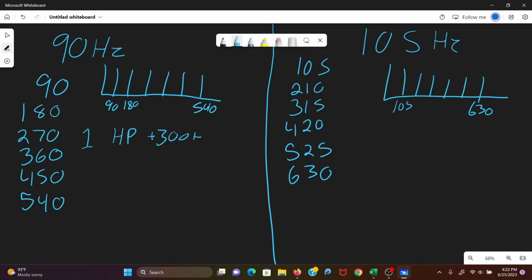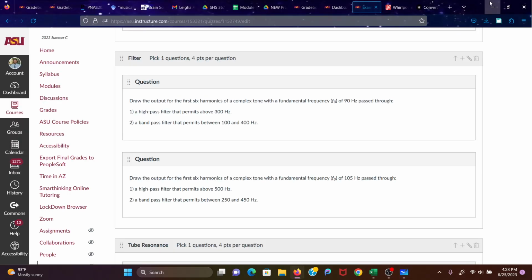So it's a high pass above 300 hertz, and number 2 is band pass 100 to 400 hertz. What about 105s? You need a high pass above 500 and a band pass from 250 to 450.